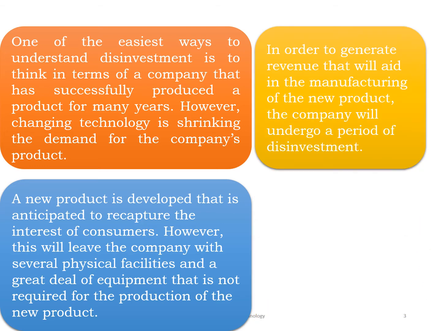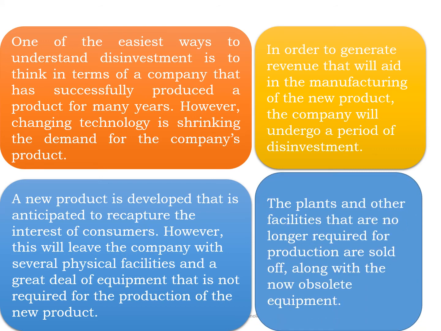And in order to generate revenue that will aid in the manufacture of this new product, the company will need to undergo a period of disinvestment. The plants and other facilities that are no longer required for production are sold off, along with the now obsolete equipment. So in this respect, we're talking about disinvestment into product ranges.